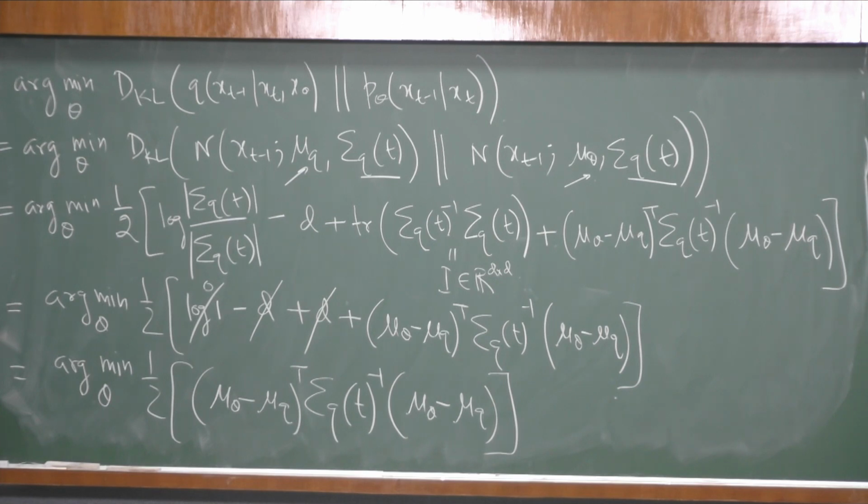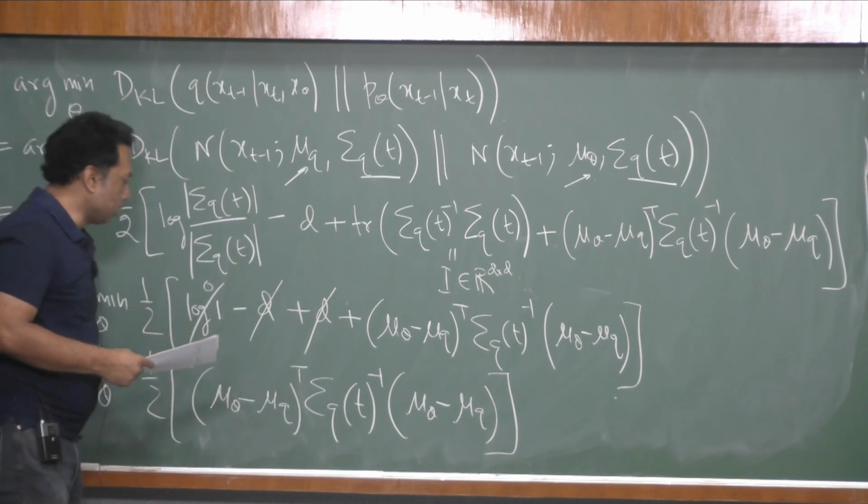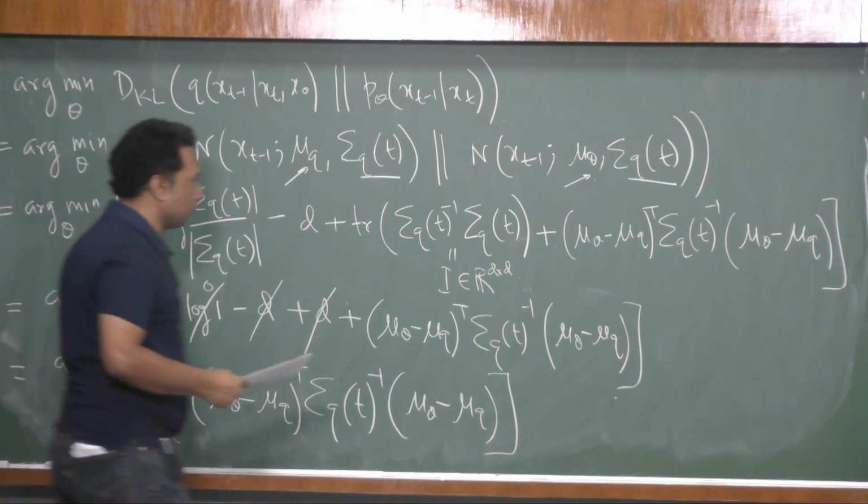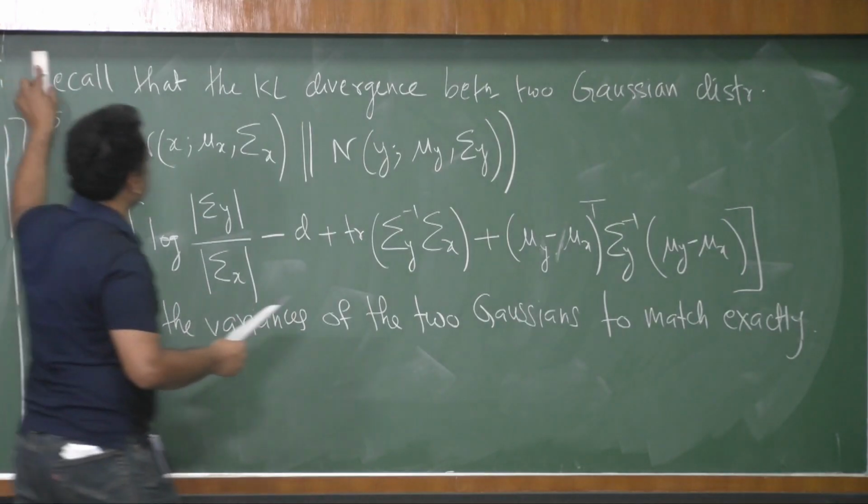Okay, so this is something we did in the last class, so we will bring that in, and hence we will have small sigma q identity inverse. So basically the sigma squared will be there and that will come out. Let's see the further simplification of this.